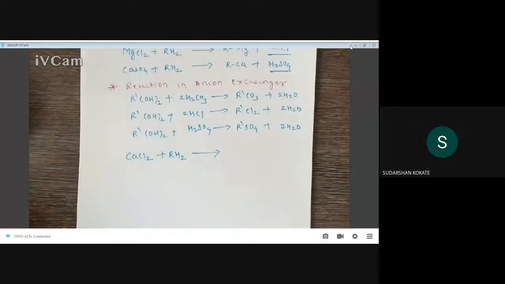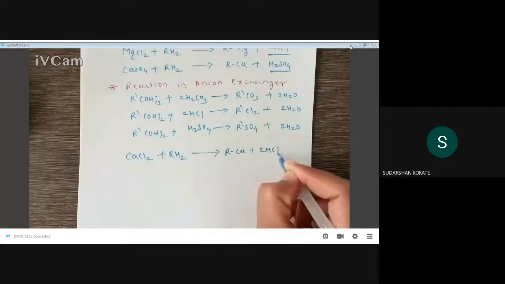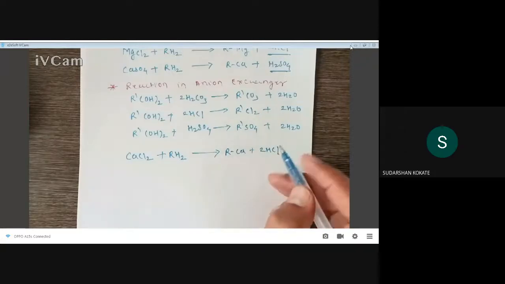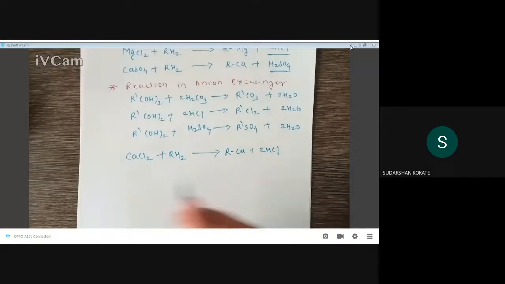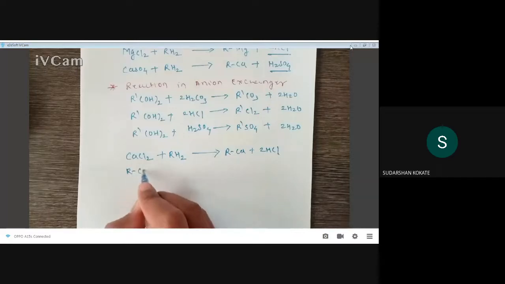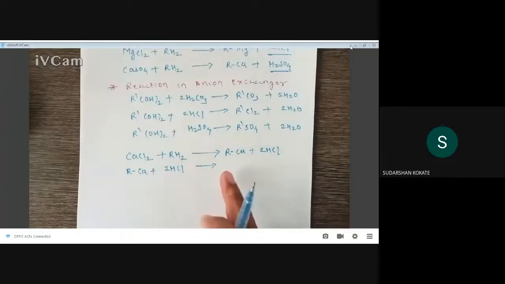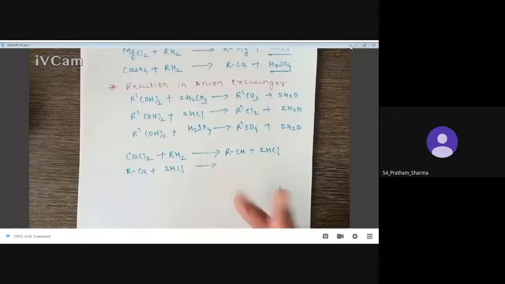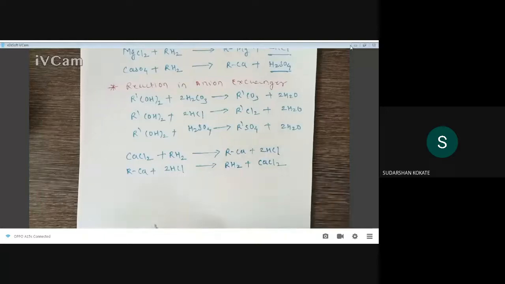It can form RCa plus twice HCl, right? Now, in the second case, this hydrochloric acid is useful for regeneration, right? So RCa plus twice HCl, it is converted into what? Now predict. RH2 plus CaCl2. Very good. It forms RH2 plus CaCl2, right?